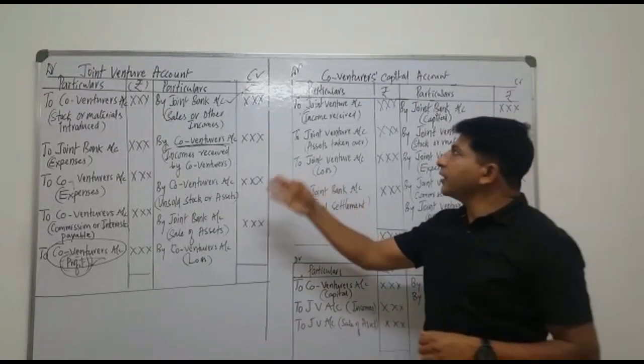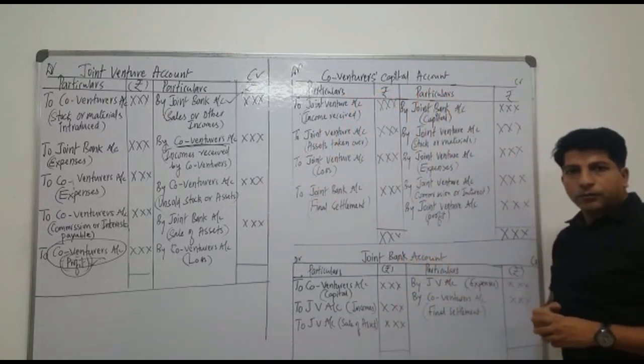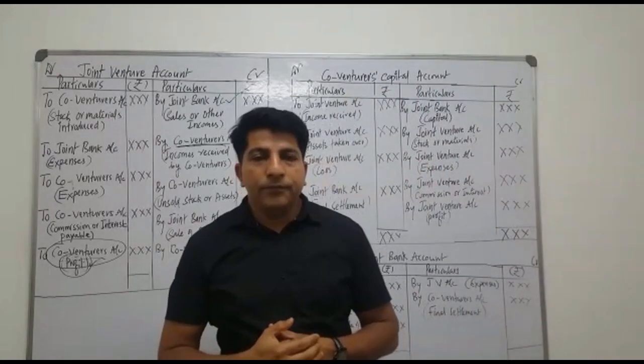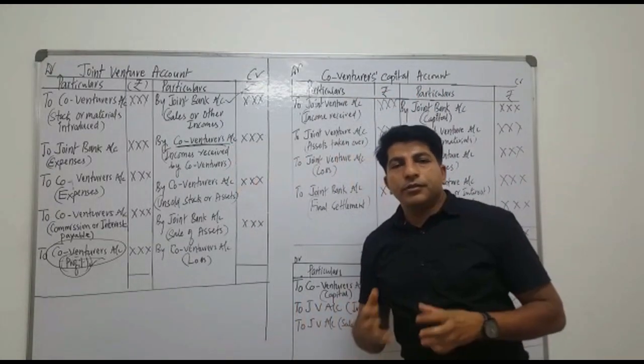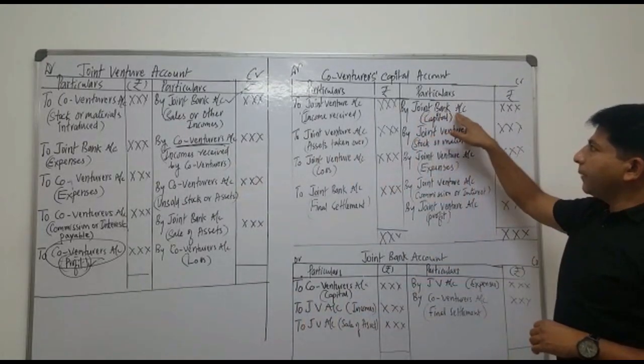After preparing joint venture account and co-ventures capital account, we have to prepare joint bank account. Joint bank account is opened by the co-ventures jointly by introducing the initial capital.